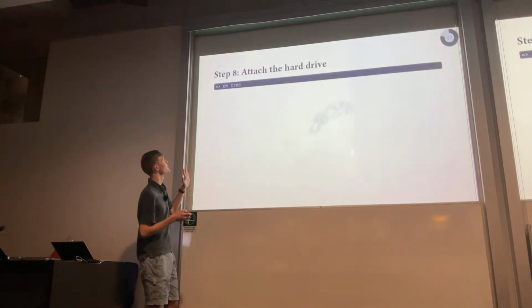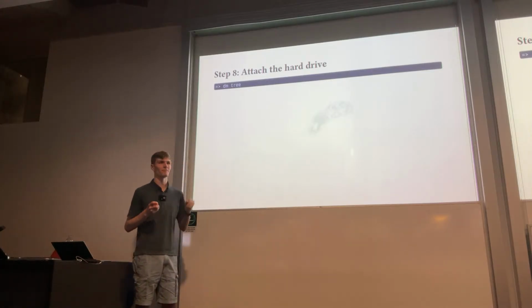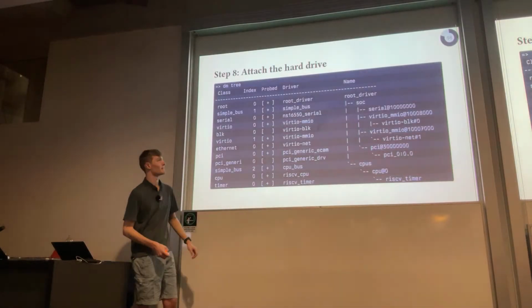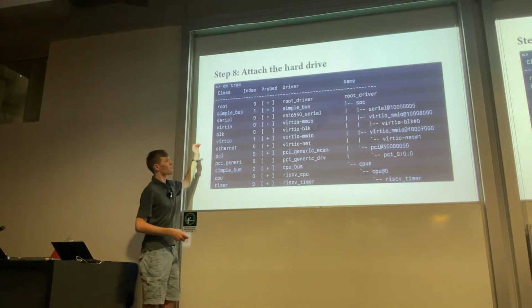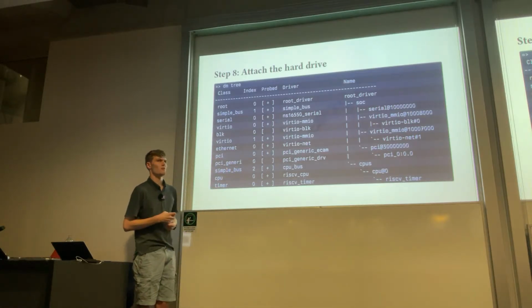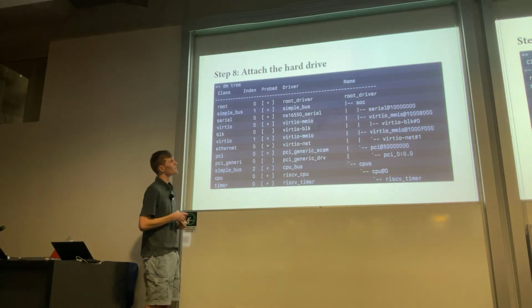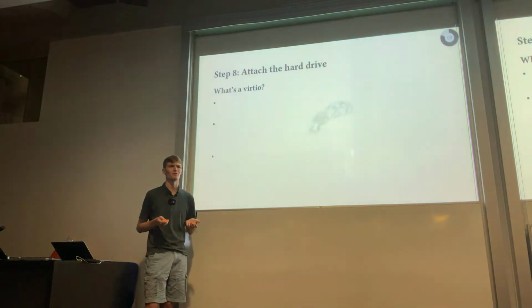So we can use this command, dm tree, to tell U-boot to give us a list of all the devices it knows about and their drivers. And we have a Virtio block device and a Virtio net device. Both of these it can boot from.